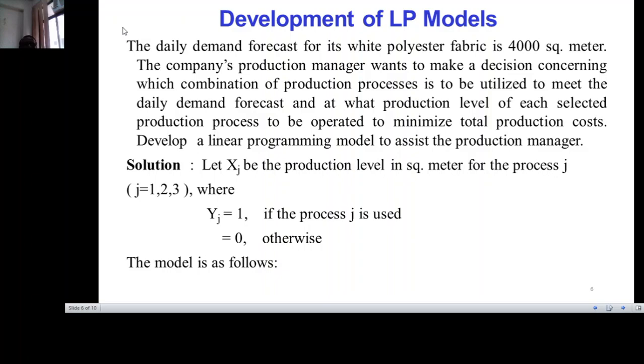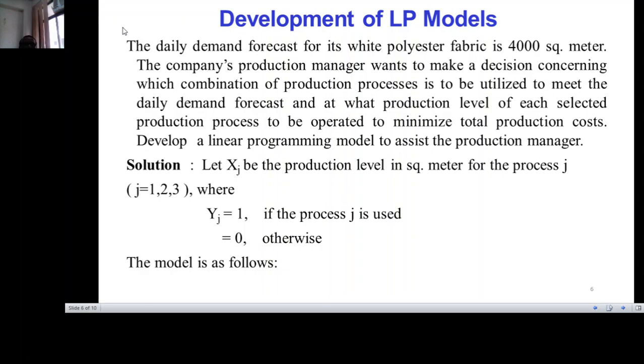And we need to develop a linear programming model to solve this problem. The problem is which processes are to be used and how much quantity should be made from each of the processes, so that the demand of 4000 square meter is made at a minimum cost.